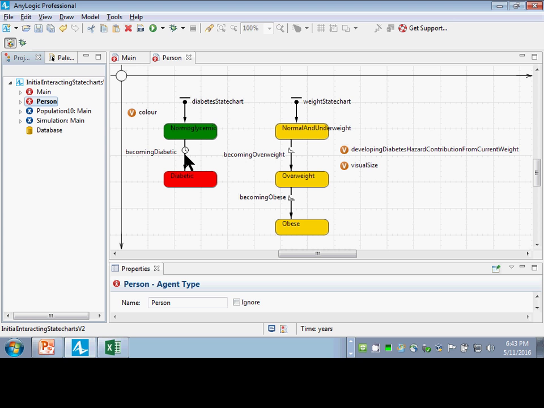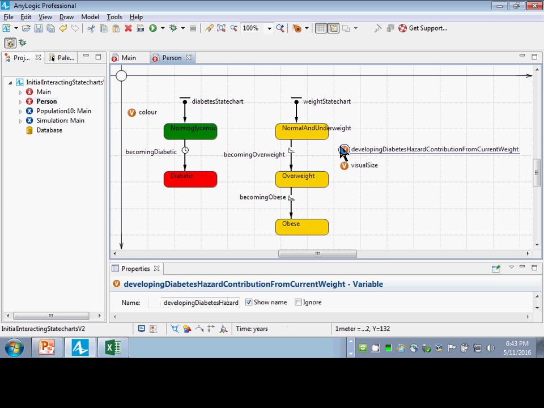Do you remember that? How was that interaction accomplished? How was it that your current weight ended up impacting your risk for developing diabetes? Does anyone remember? Through the variables? Yeah. Through this variable, developing diabetes hazard contribution for current weight.